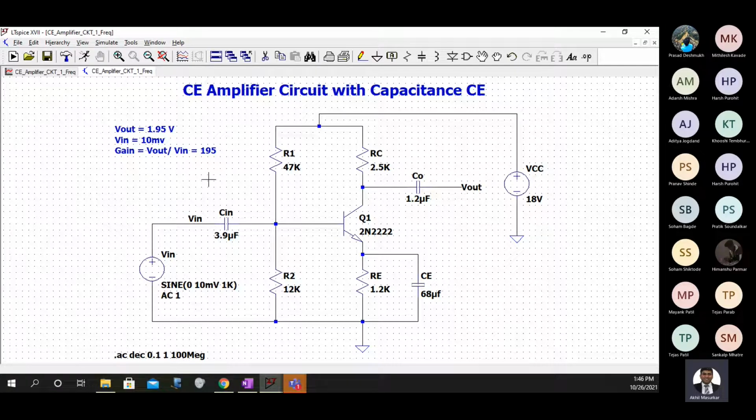Sir, I am still getting the same graph for V out. Can you post the circuit again? Sir, I have removed that dot. No, just put the circuit again. I want to see.